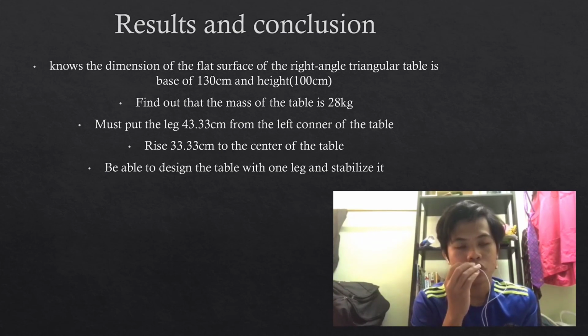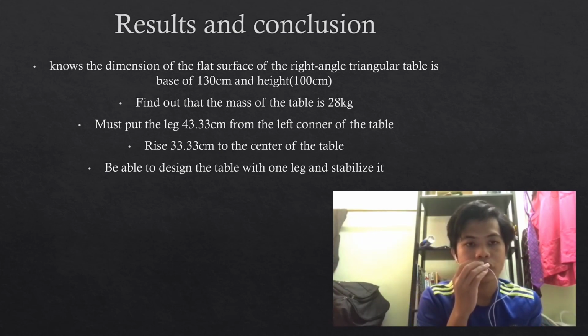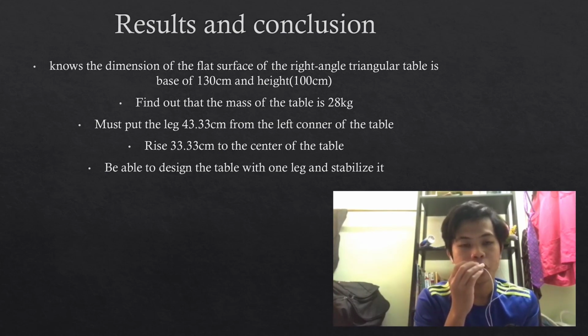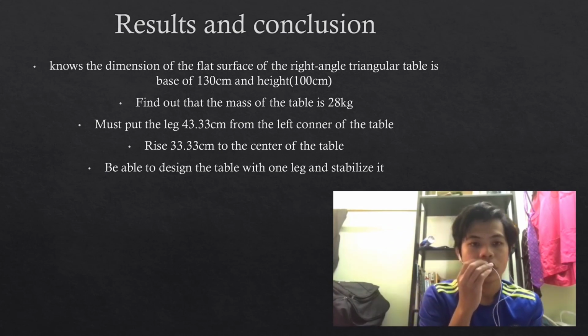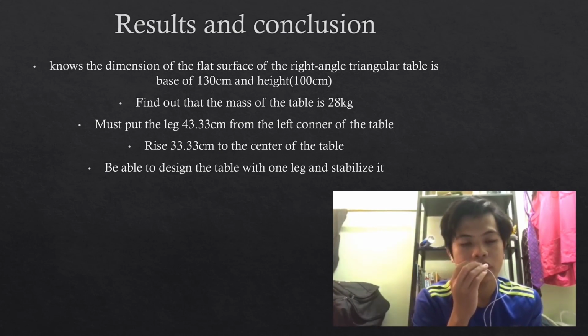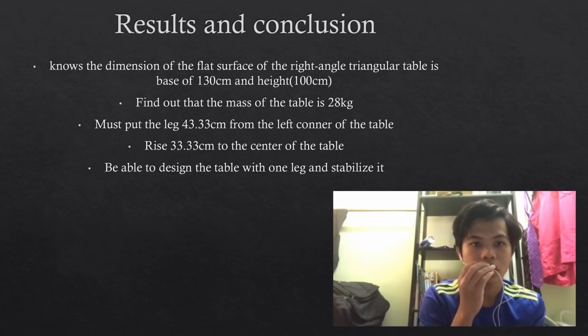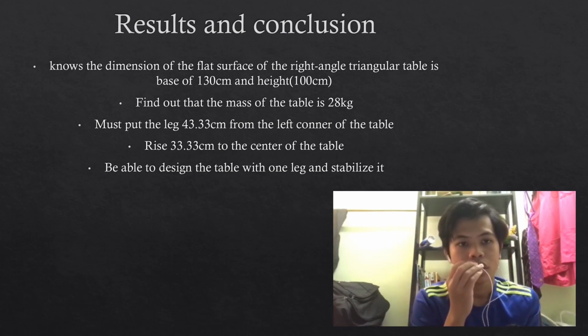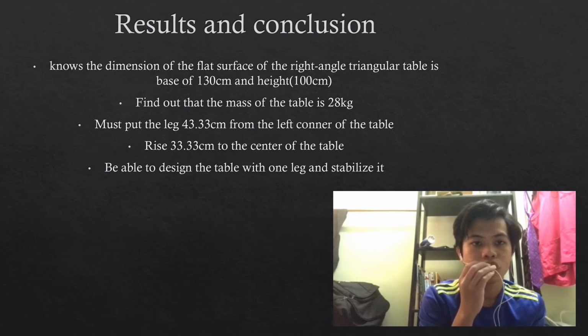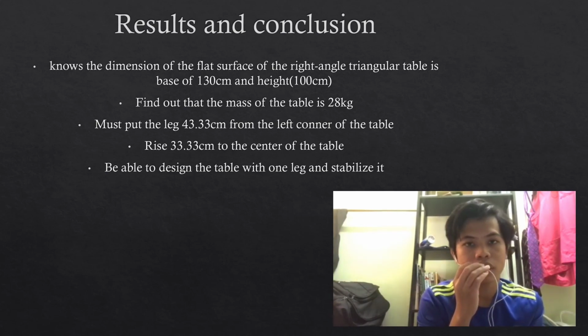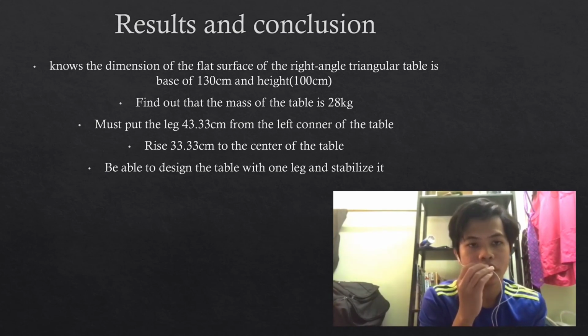So if we want to make the right angle triangular table with one leg, we must put it 43.33 cm from the left corner of the table and 33.33 cm to the center of the table. Therefore, the carpenter should be able to design the table with one leg and stabilize it.